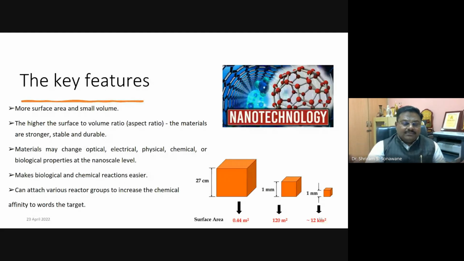In that particular case, it is up to us where to use all these features of the nanoparticle, and that is the skill of the scientist and academician. The higher the surface to volume ratio, the materials are stronger, stable, and durable. Materials may change optical, electrical, physical, chemical, and biological properties at the nanoscale level.